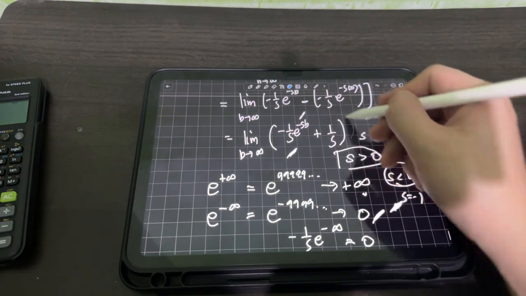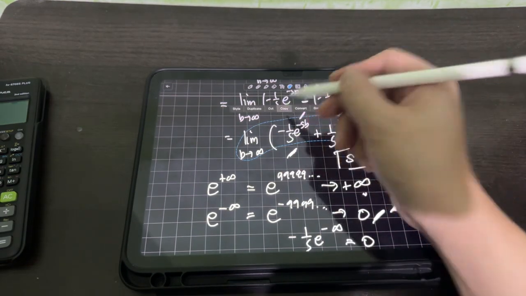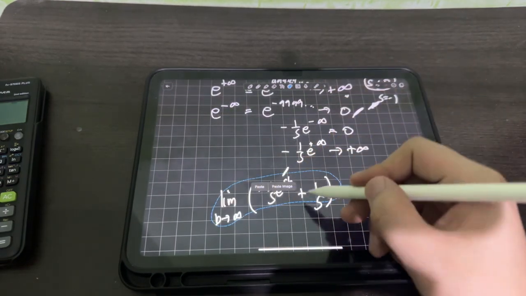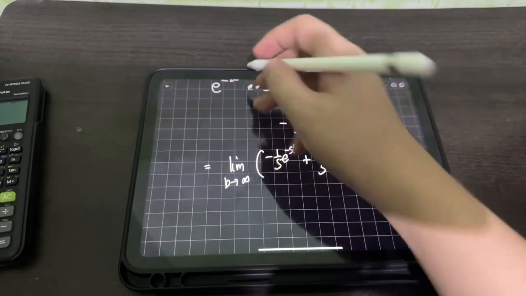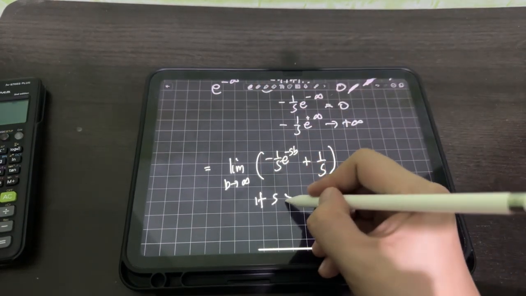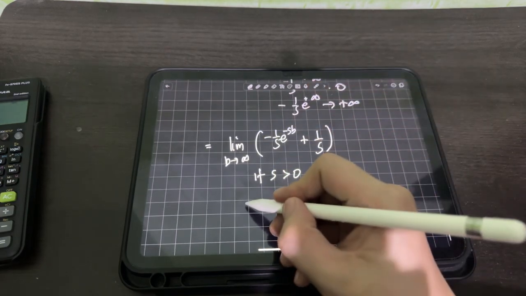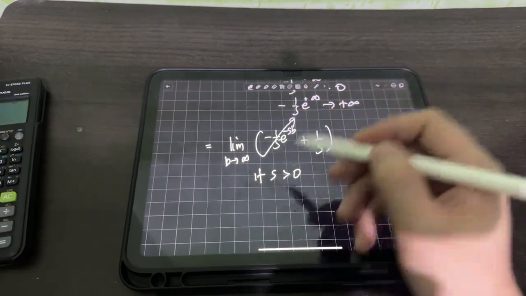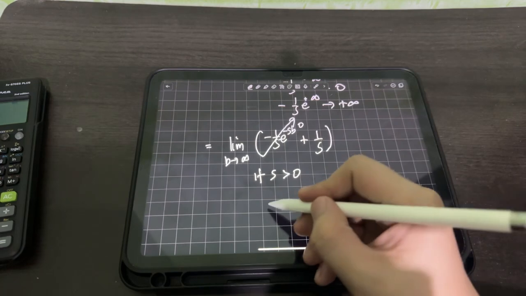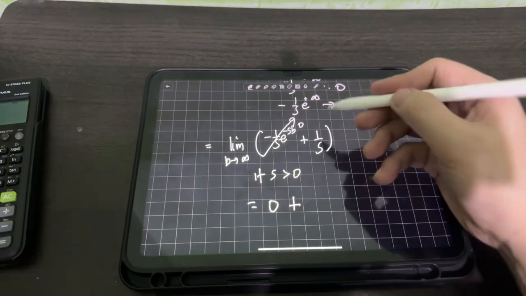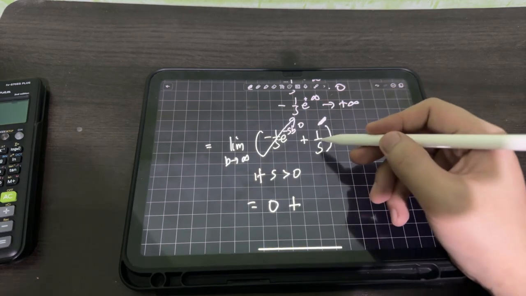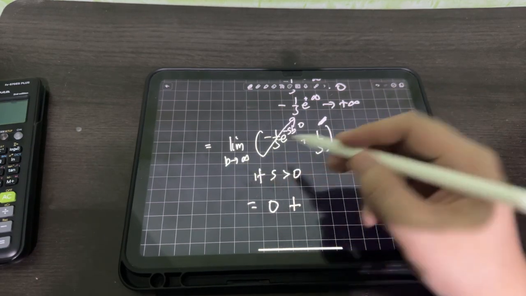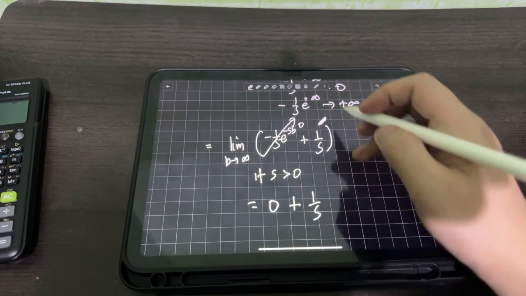So, applying that restriction for s, we will have the value of the limit. If s is greater than 0, the limit of this expression will be 0. We will have 0 plus, like I said, a constant with respect to b. It's independent of b. Its limit as b approaches infinity is still 1 over s.